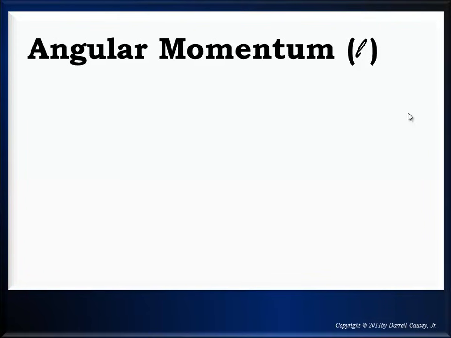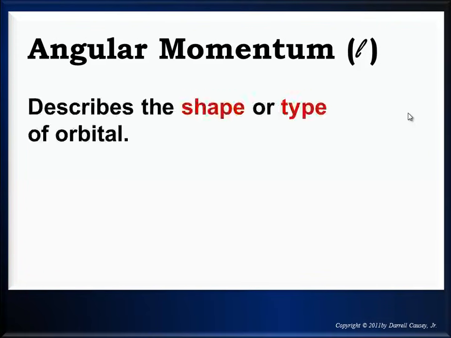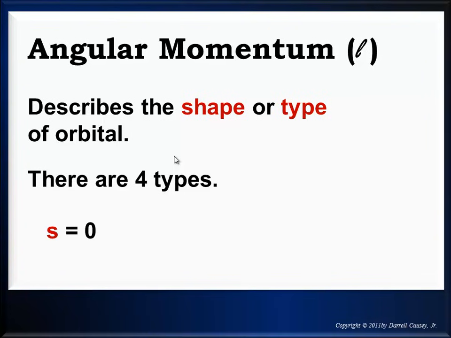Angular momentum, whose symbol is a lowercase l, describes the shape or type of orbital. There are four types of orbitals: S, P, D, and F. S has a numerical value of 0, P has a numerical value of 1, D has a numerical value of 2, and F has a numerical value of 3.